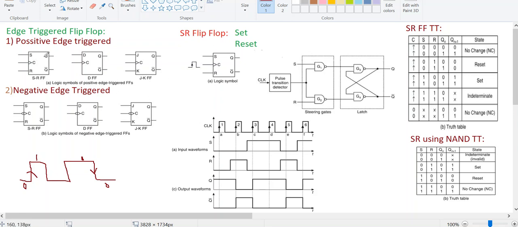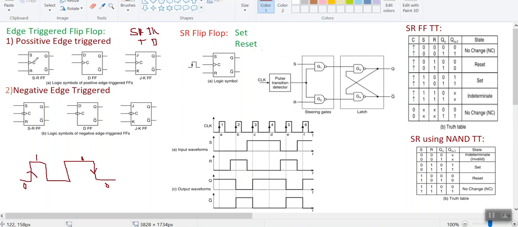In negative edge triggered and positive edge triggered flip-flops, the basic building block can be represented in two different ways. Let us consider positive edge triggered first. In the flip-flop concept, we need to discuss the SR flip-flop, JK flip-flop, T flip-flop, as well as the D flip-flop. If we consider the SR flip-flop with positive edge triggering, we simply keep a clock symbol like a triangle here.